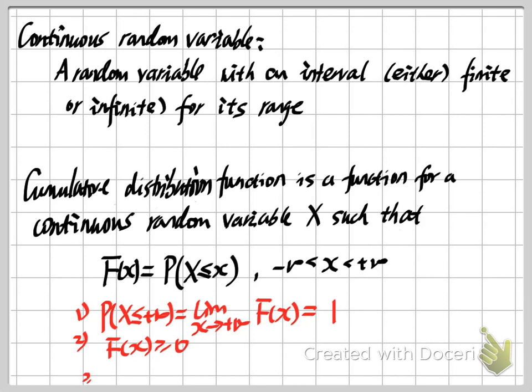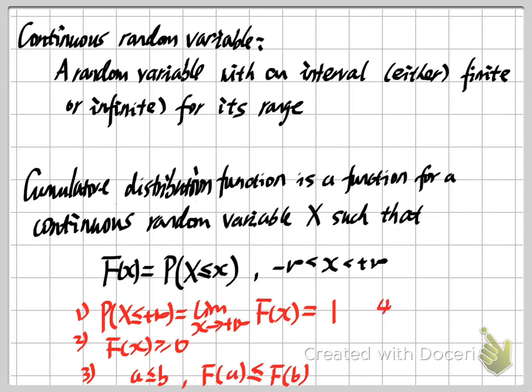And the third one is this: because the probability for each possible value should be non-negative, if we have A smaller or equal to B, then the cumulative distribution function at A should also be smaller or equal to the value at B. So this is the third requirement or property.